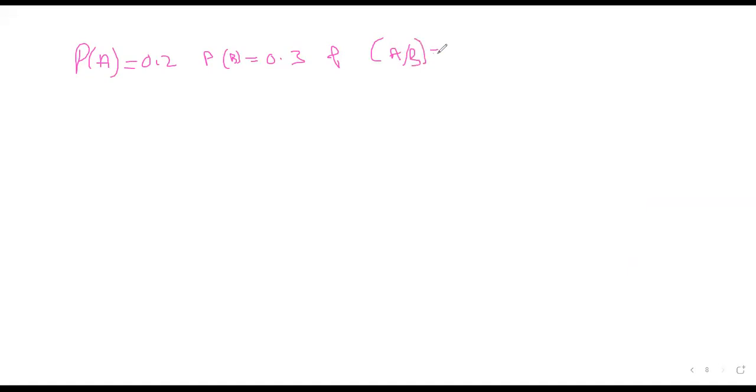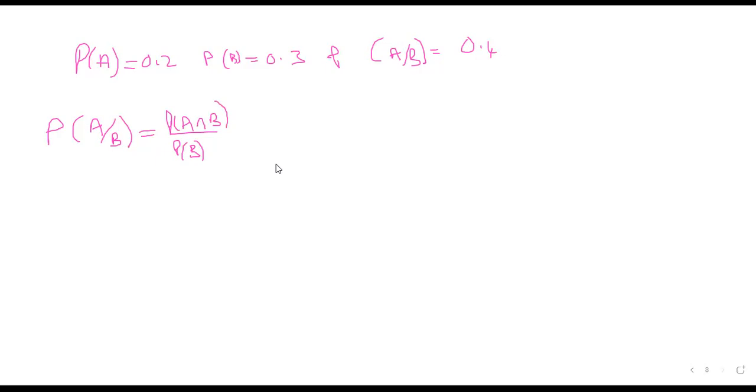How do we find the probability of A intersection B? Whenever I'm given a conditional probability, just expand it first. B goes down here, and on top we're going to have A intersection B, correct?